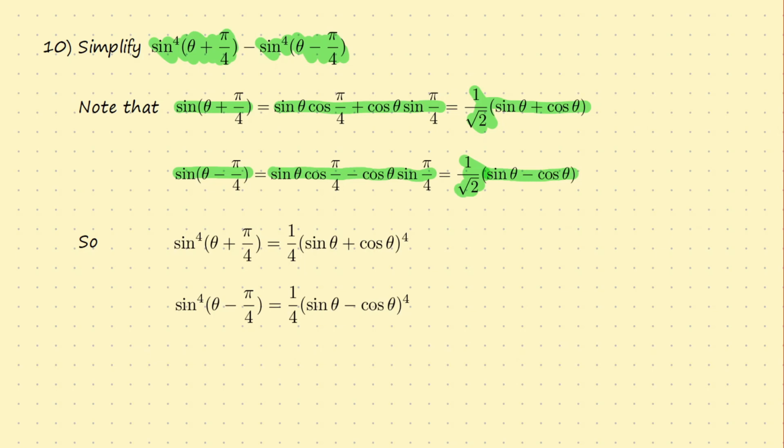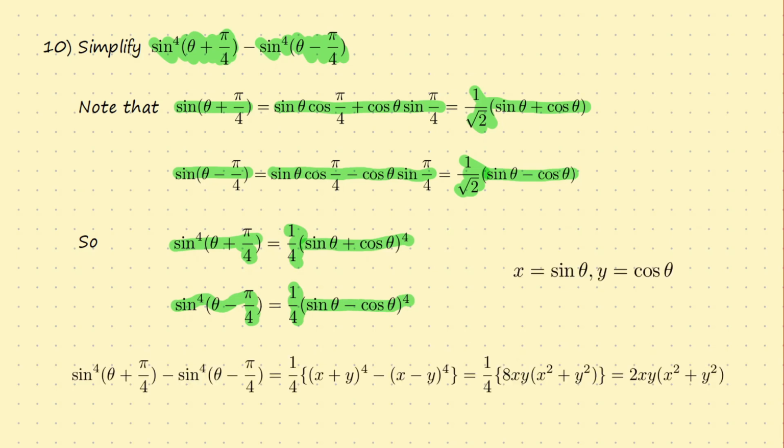So, raising both sides of those identities to the fourth power, we have sine to the 4 (theta plus pi by 4) equals 1/4 (sine theta plus cos theta) to the 4, and sine to the 4 (theta minus pi by 4) equals 1/4 (sine theta minus cos theta) to the power 4.